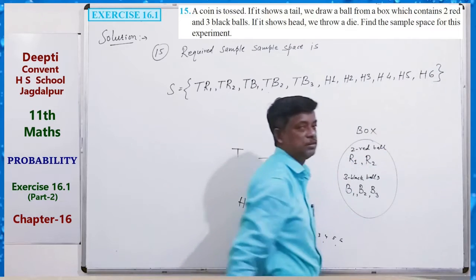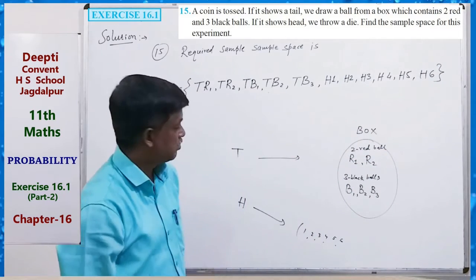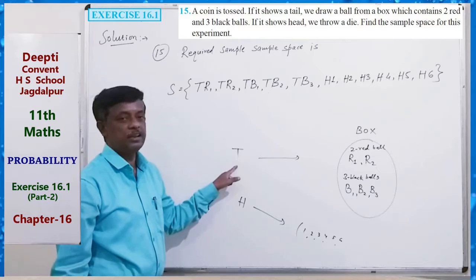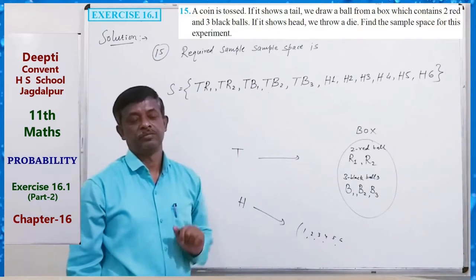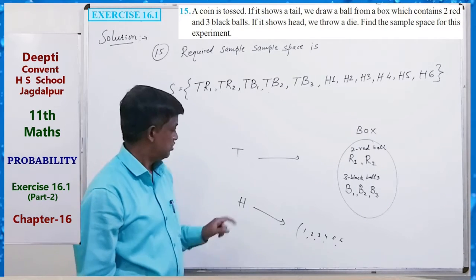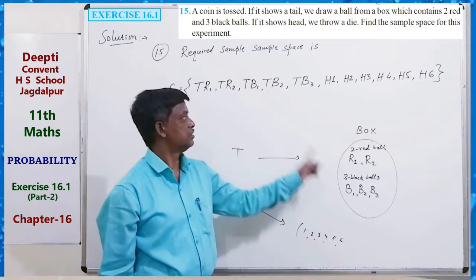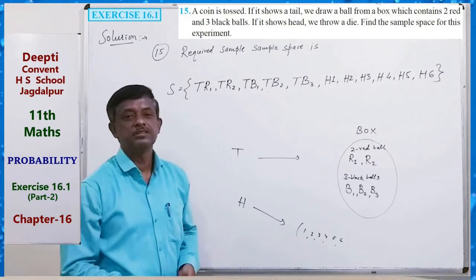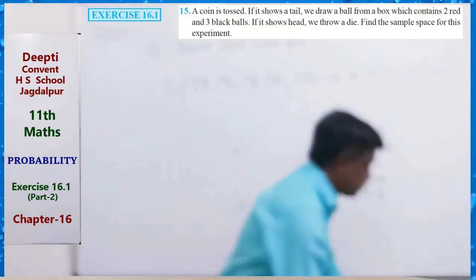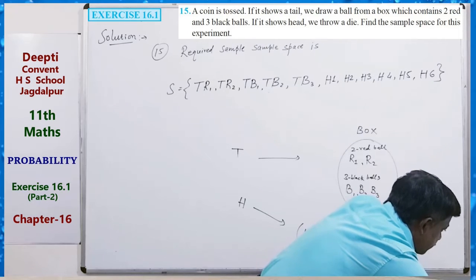So this is the required sample space. With tail, one of the balls. With head, one of the numbers. This is the required sample space for question 15.